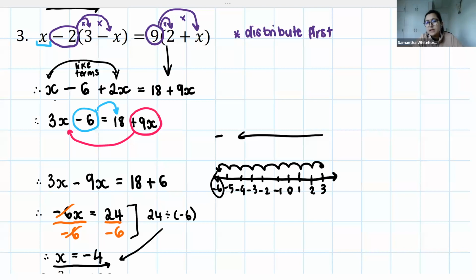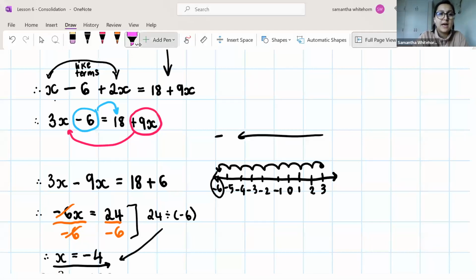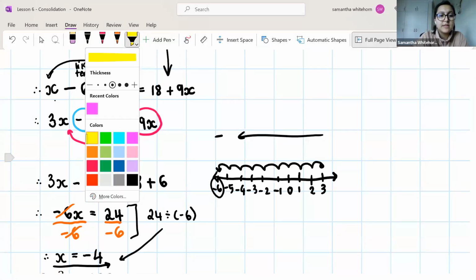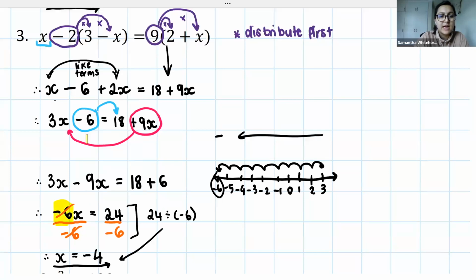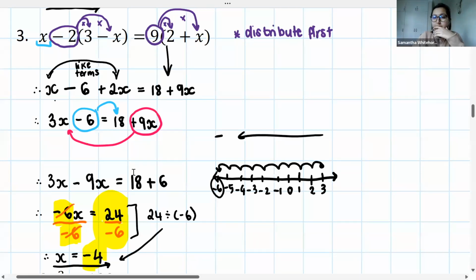Remember, I divided by negative 6 for a reason. In front of the x, I had a negative 6. I only want x, so I have to divide by negative 6. And then, like you say, whatever the answer of that division is, that becomes my answer. Thank you, ma'am.